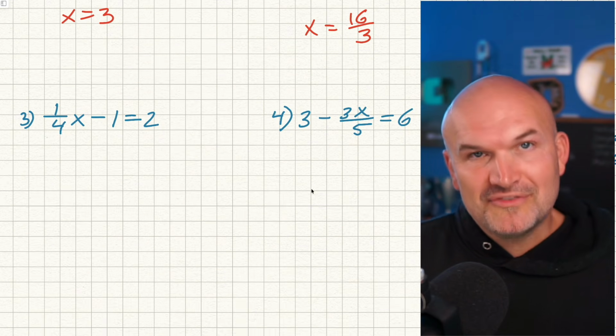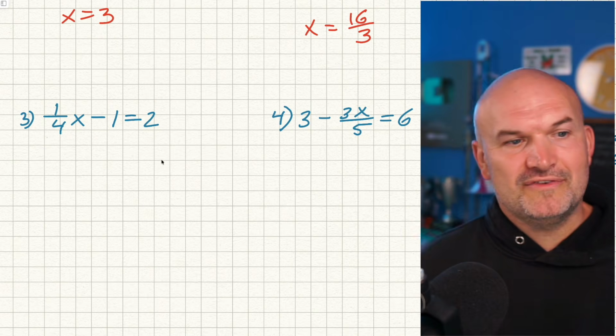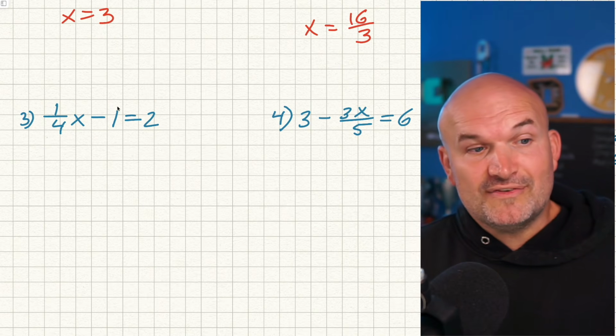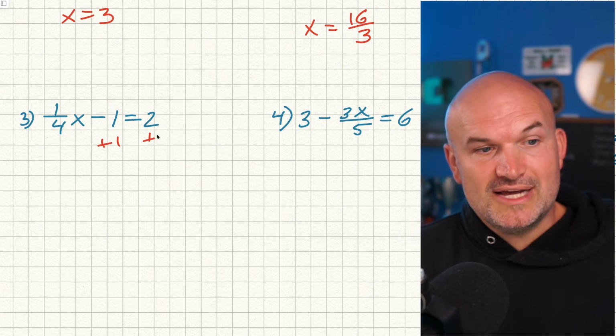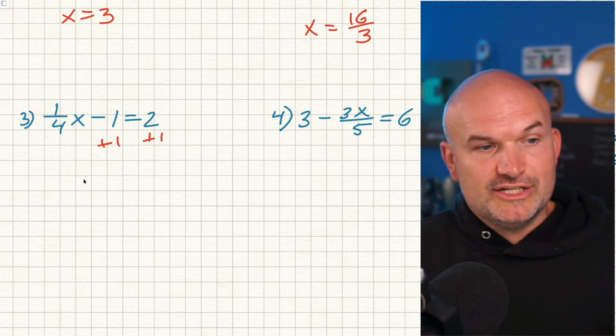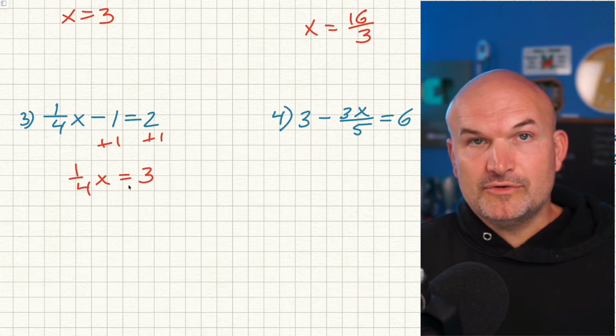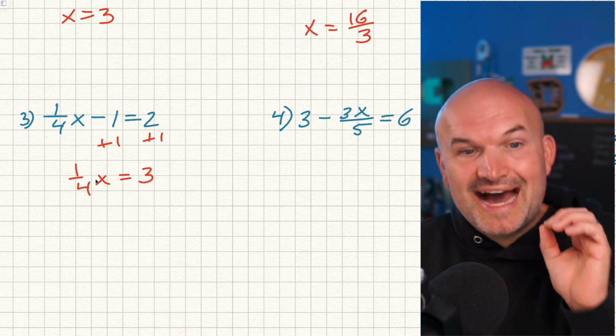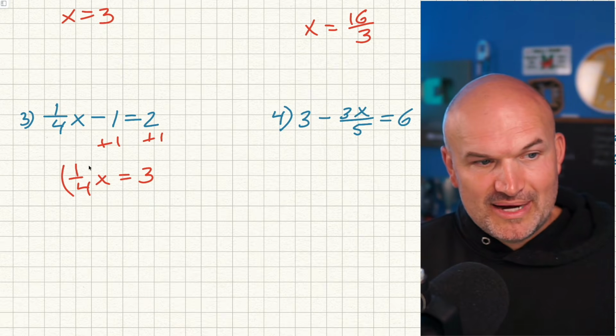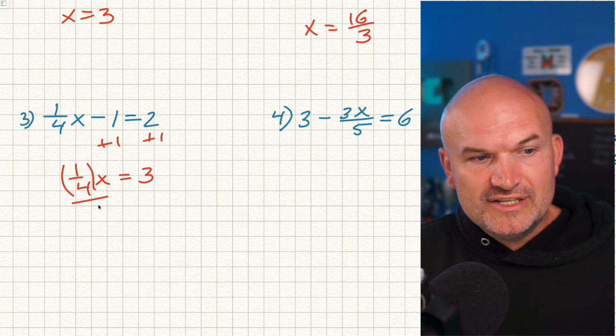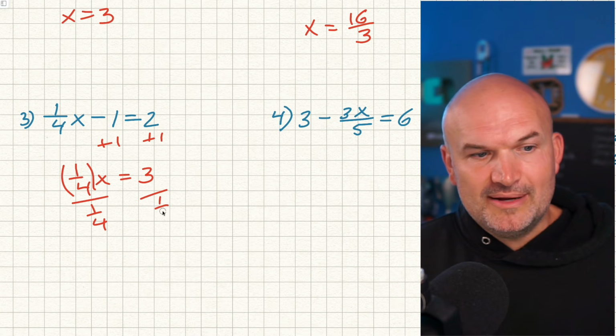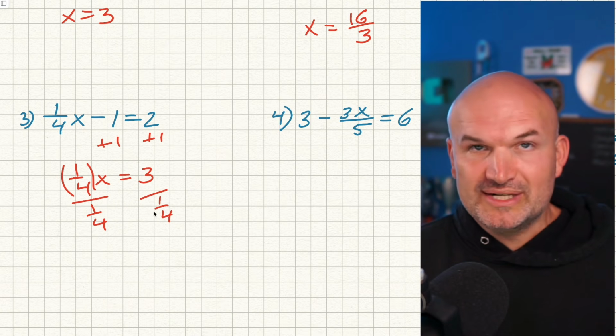Now let's work into some fractions. We all love fractions, but for the first part, I'm not going to worry about the fraction over here. I'm just going to add a 1 to both sides, right? Because I always want to undo addition and subtraction first. So now I have 1/4 x is equal to +3. Now again, this is 1/4 times x. You can put parentheses in there. Now you could divide by 1/4 on both sides, but I'm pretty sure most students just want to get rid of this fraction.